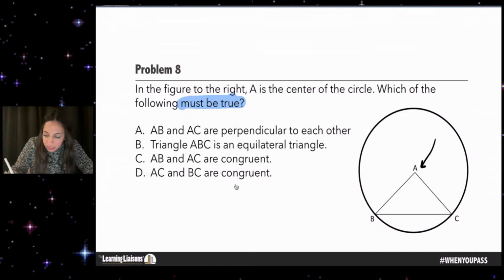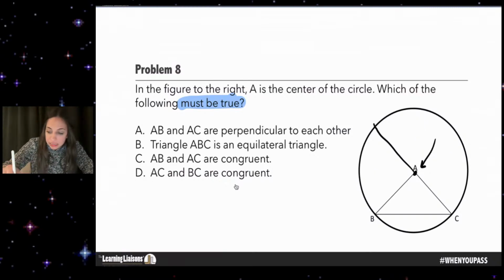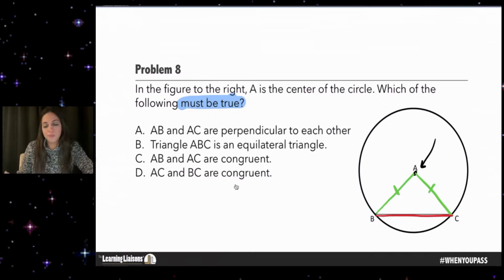If A is the center of the circle, then any line that extends out and touches the end of the circle is going to be a radius. And all radii are going to be equal to one another. So that means that this line and this line are equal to each other. Does it mean that this line is also equal? No. Could it be equal?